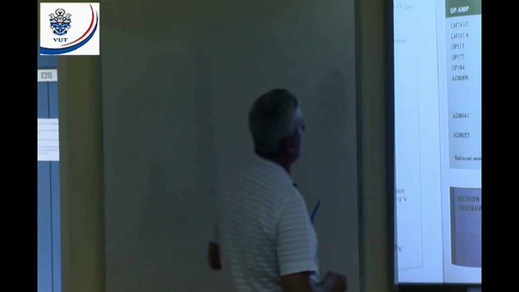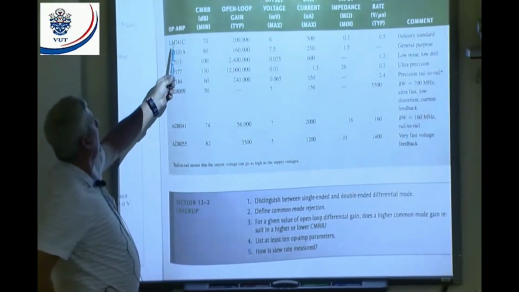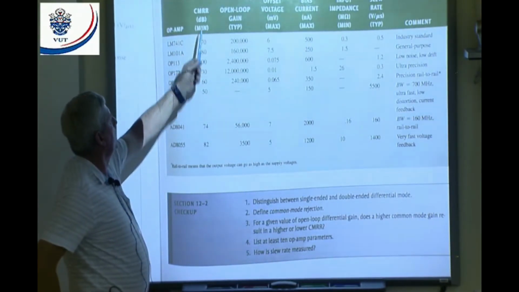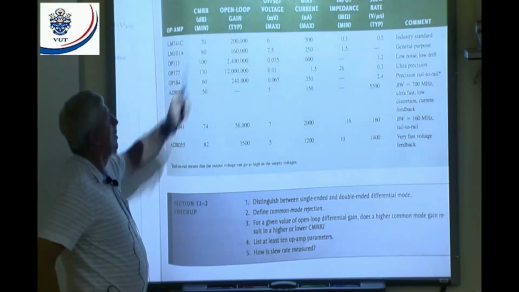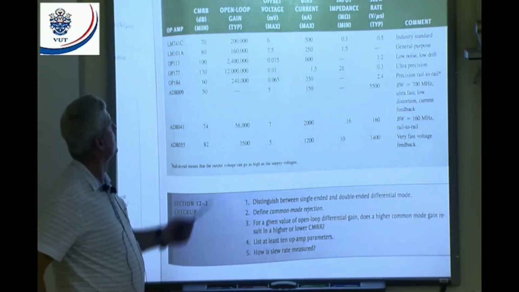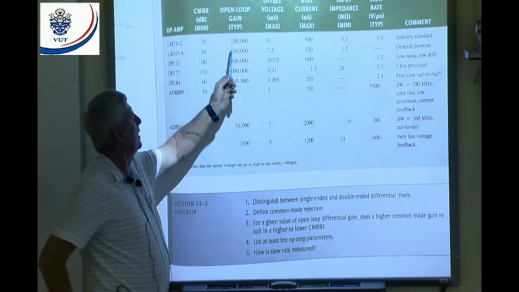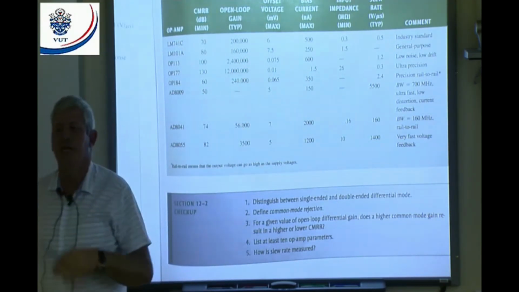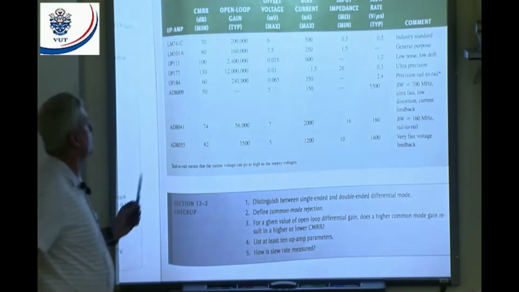All right, the one you're going to use in the lab, LM741. Common mode rejection ratio in dBs, they give you a minimum value of 70 dBs. Open loop gain, typical value, 200,000, all right. That means it can amplify 200,000, open loop.